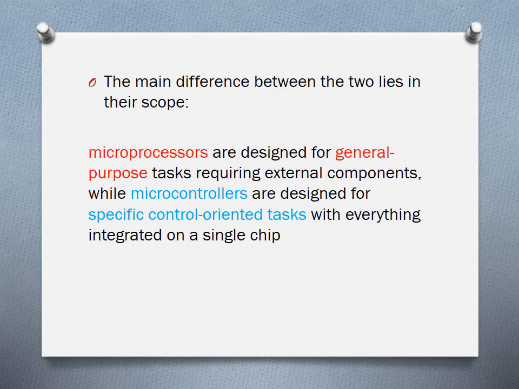The main difference is that a microprocessor is used for general purposes, whereas a microcontroller is for a specific purpose. Why? Because, as I said earlier, the microprocessor is just a processor, and if you want to use it for an application, you need to connect all the additional devices externally.